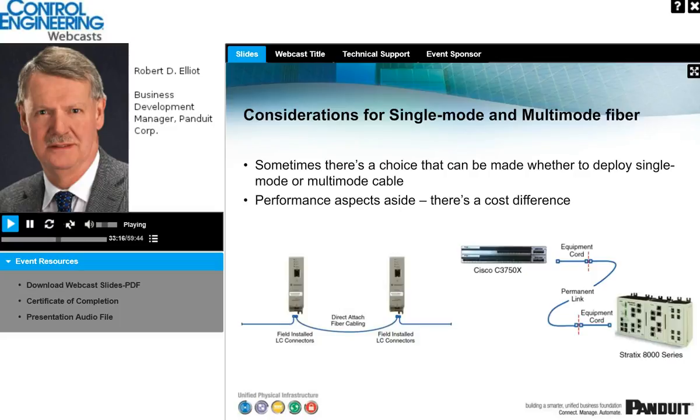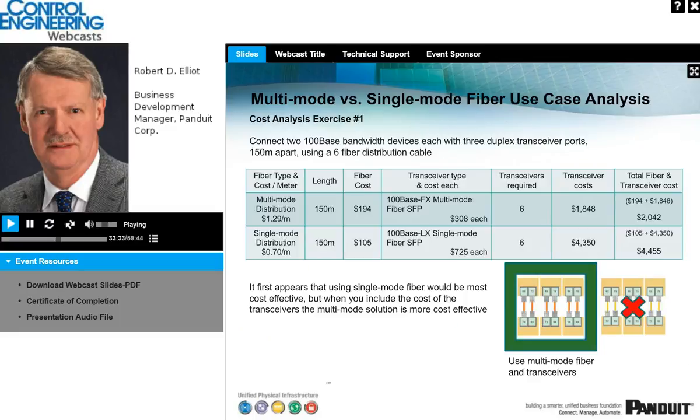So the cost will give us guidance. There's a choice that can be made to use either single mode or multimode fiber, and so the performance aside, it's really based on the cost factor of this.